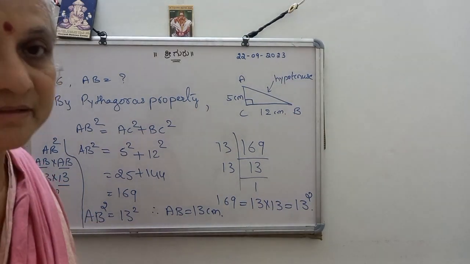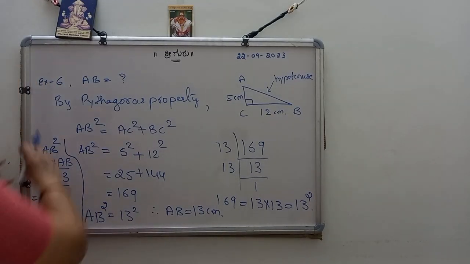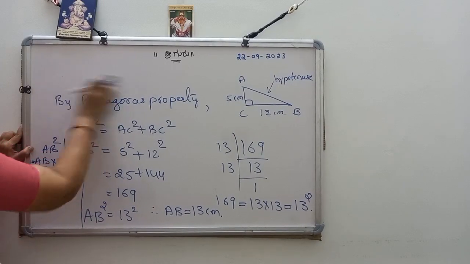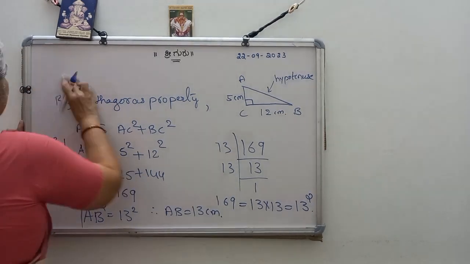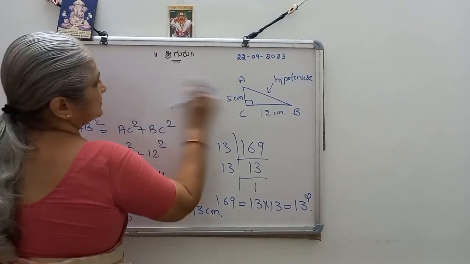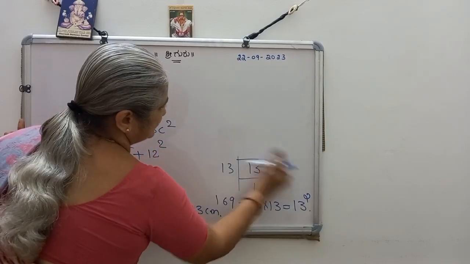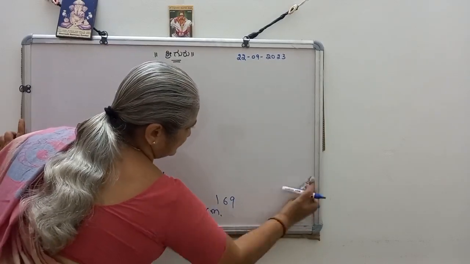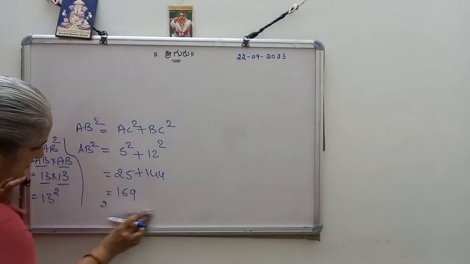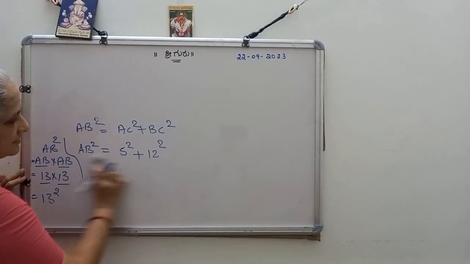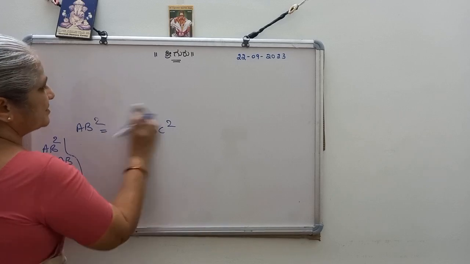Let us start with exercise 6.5. Try, children. Side square or hypotenuse square is some quantity.